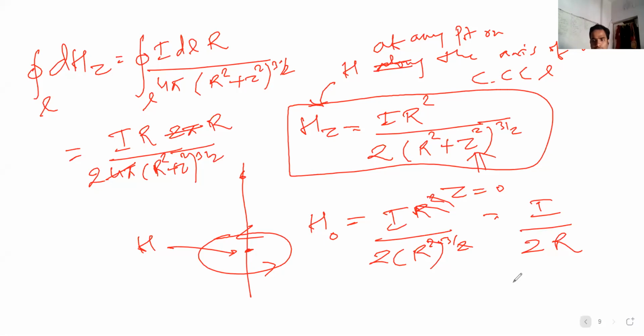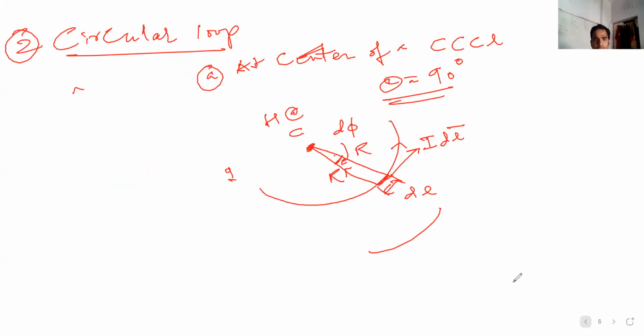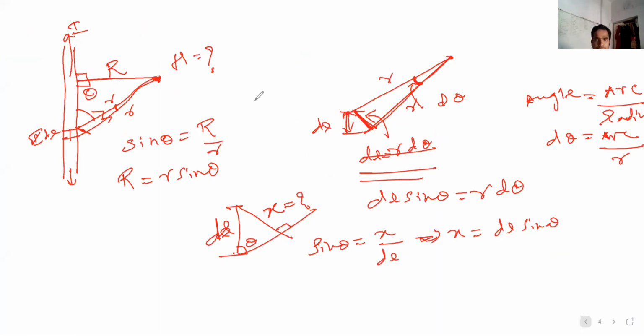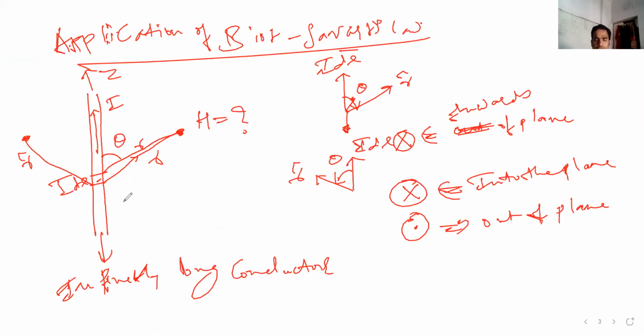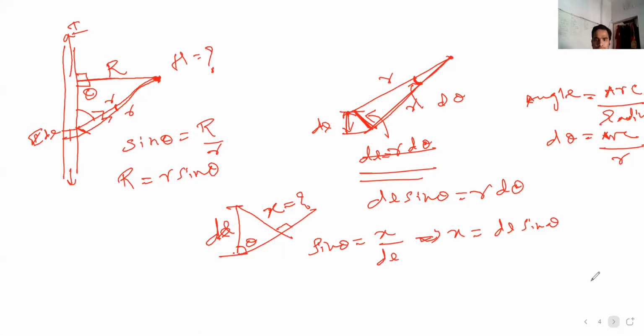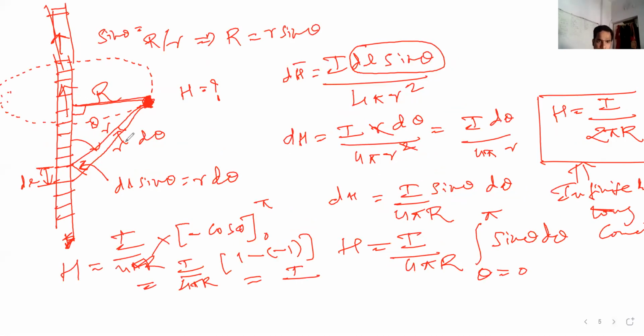So till now we saw the applications of Biot-Savart's law. We started with the infinitely long conductor, and we obtained the H at any point due to the infinitely long conductor, which was I by 2 pi r, where r is the perpendicular distance from the conductor.